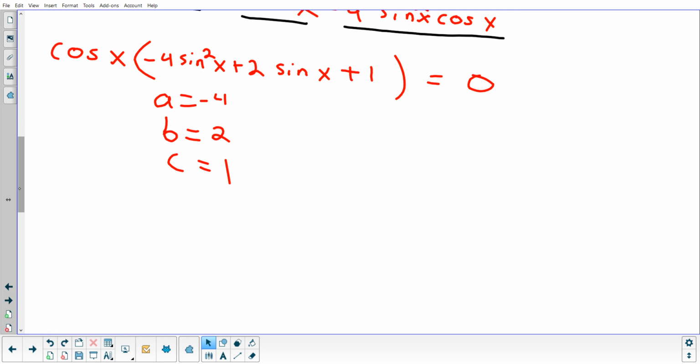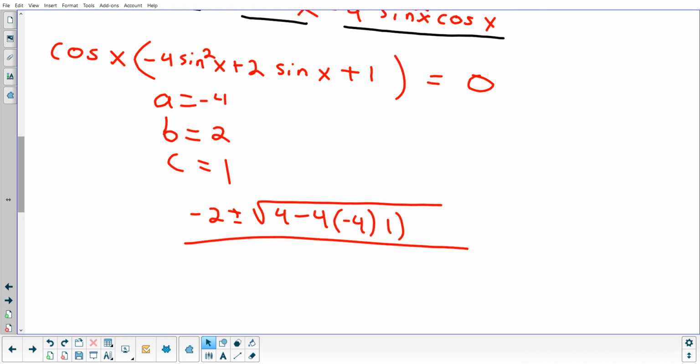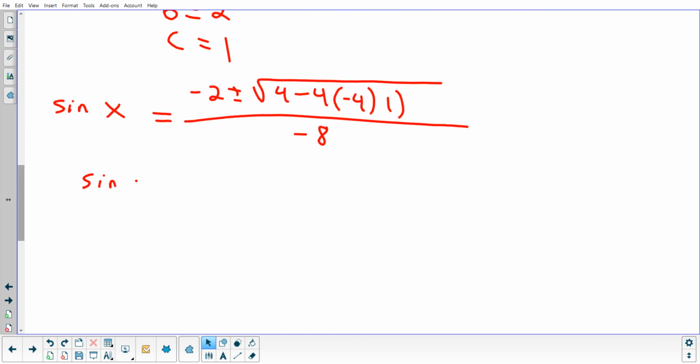So we got negative b plus or minus square root of b squared minus 4ac all over 2a. Double check, make sure I did that right. And that equals sine x. Okay, what do I get under the square root when I do 4 plus 16?